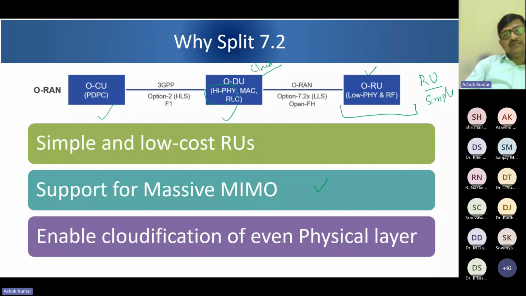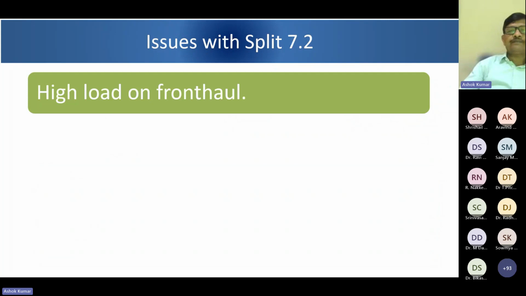But what are the disadvantages of having 7.2? As we had seen, the fronthaul needs a very high bandwidth. For example, in my example, when I had 100 megahertz and 64 MIMO, my fronthaul requirement was about 20 Gbps to support 3 Gbps of the overall data capacity.